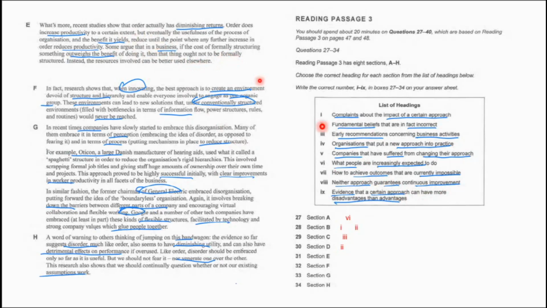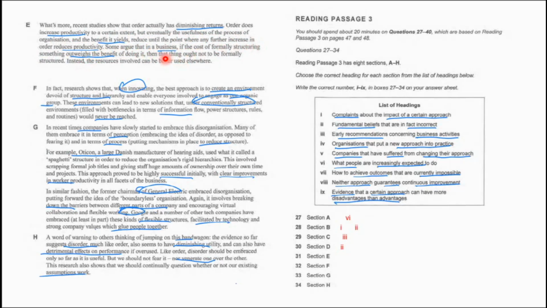8, they are saying neither approach guarantees continuous improvement. Here they are talking about only one approach. And then finally, the ninth, evidence that a certain approach can have more disadvantages than advantages. Here they are talking about one approach that can have more disadvantages than advantages. So when we read this one, order does increase productivity to a certain extent, but eventually the usefulness of the process, organization, and the benefit it yields reduce until the point where any further increase in order reduces productivity.